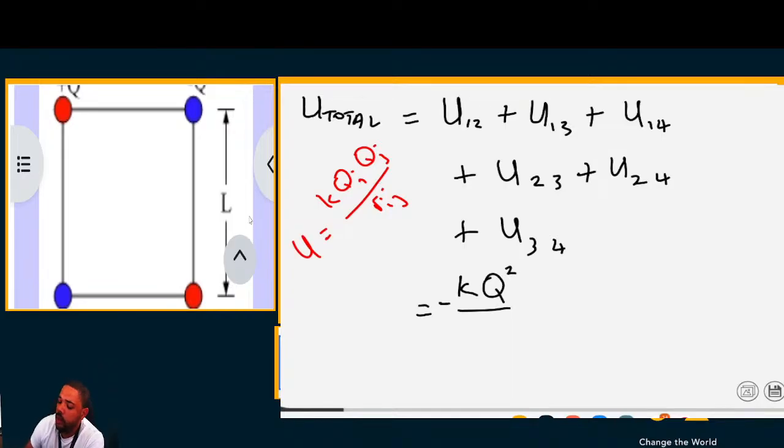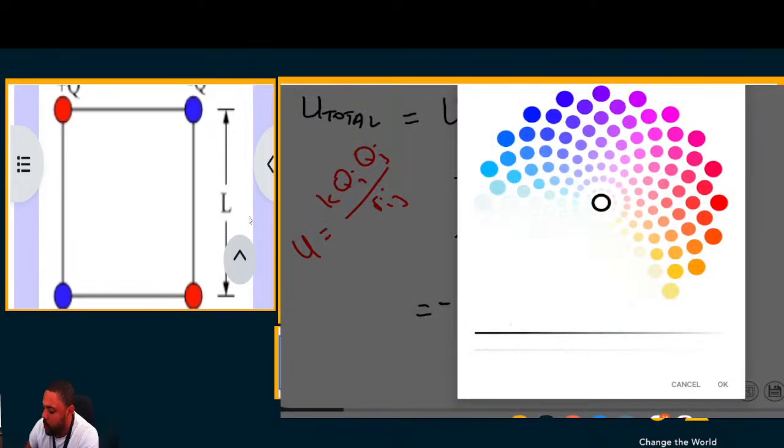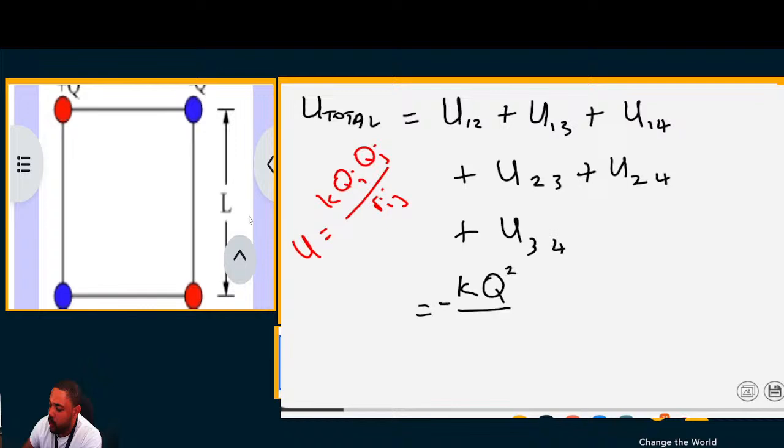That is how you get electric potential energy. I'm going to leave it up there. So the first two charges are both Q, so it's Q squared, and it'll be Q squared for all of them because they're all just capital Q. What is the distance between those two? It's L.